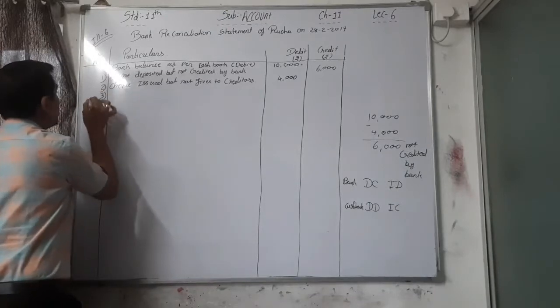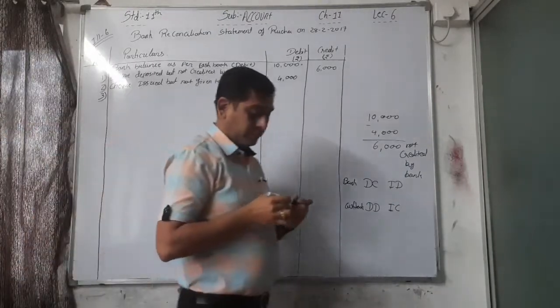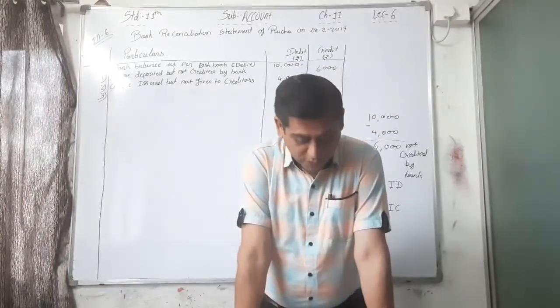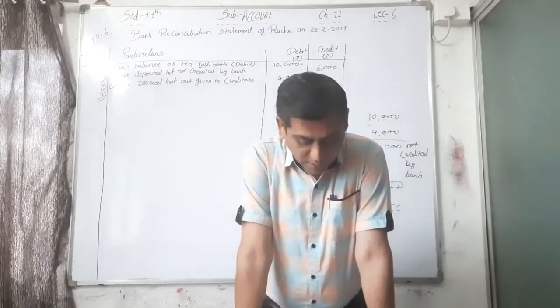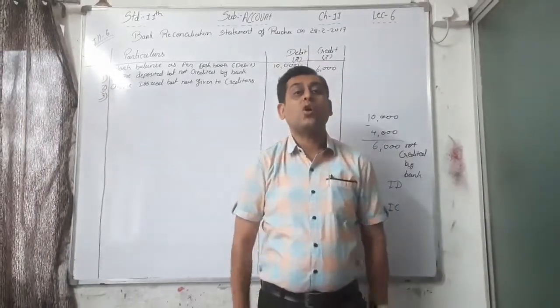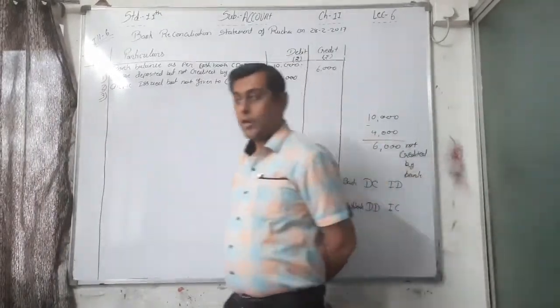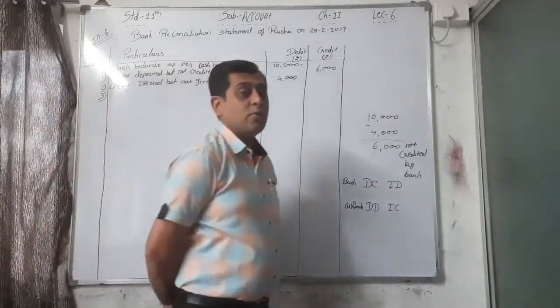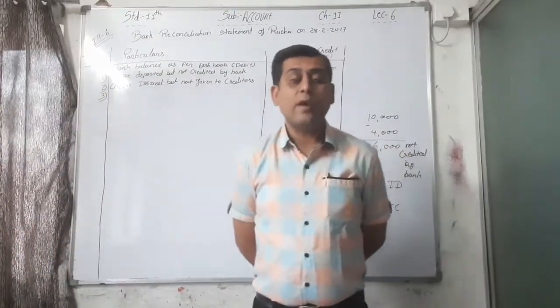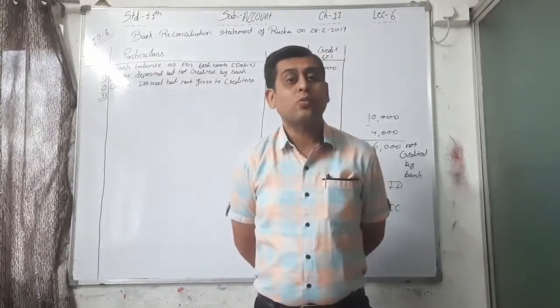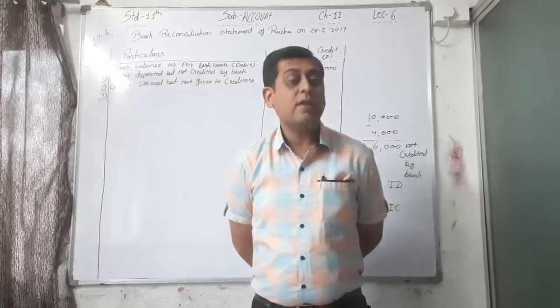Third point, insurance premium of rupees 12,000 is paid by the bank. Whatever amount is paid by the bank on behalf of the trader is always debited in the passbook and is not recorded in the cash book.